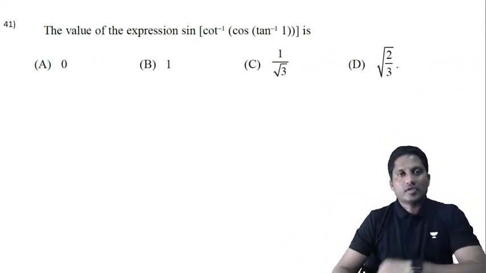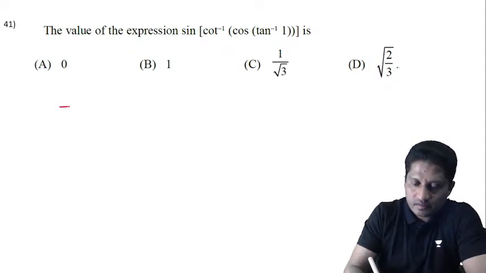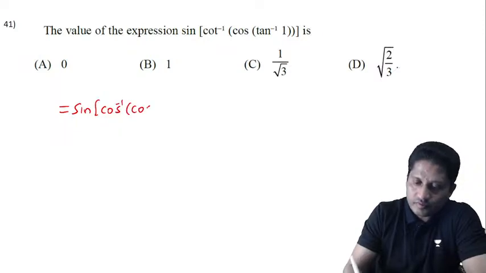Question number 41. What is the value of this expression? Sine of cos inverse of cos of tan inverse of 1, which is pi by 4.